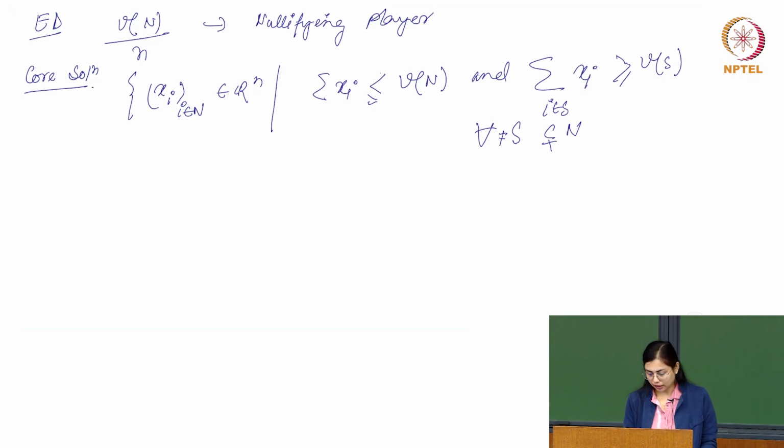So you are saying that if you put equal here and equal again here, the second condition you want to put equal. For some S it is equal, not for all.